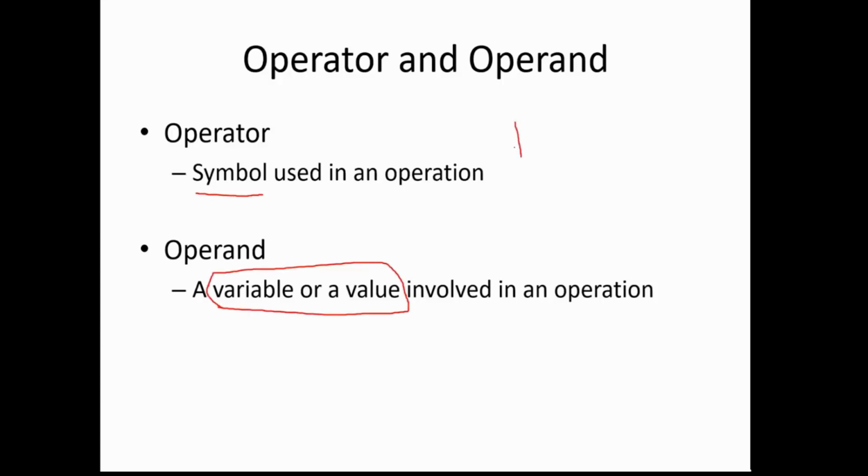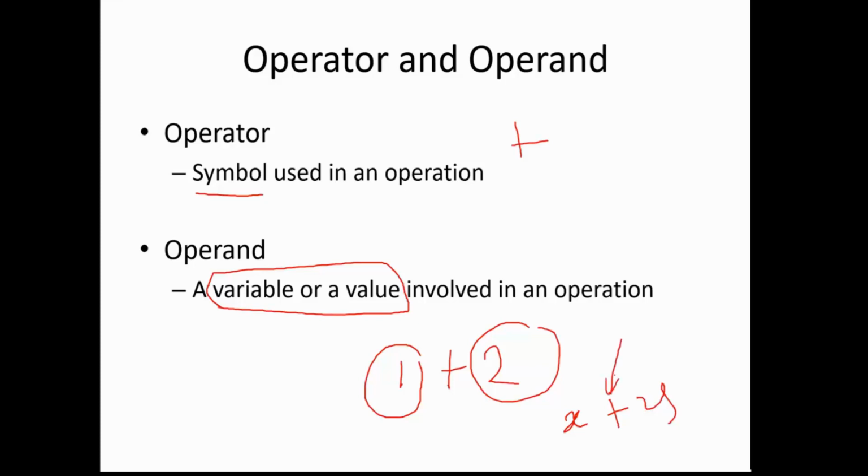For example, these are operators, and if you say 1 plus 2, then these are called operands. Or if you have variables named x and y, and we say x plus y, this will be your operator, that is this one, and these will be the operands.